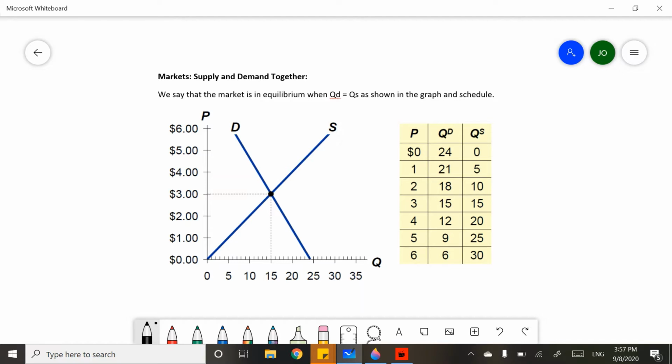So in this case, we have our consumers being represented by our demand and our firms being represented by our supply. When they interact with each other, they're going to reach a price that we see here. Now, look at the graph. This price of 3 happens at the intersection of supply and demand, which is here.